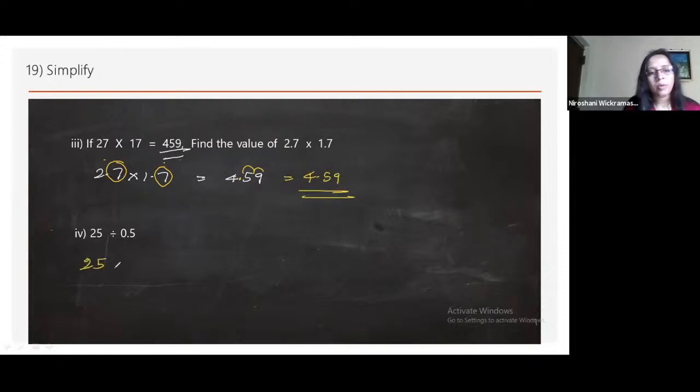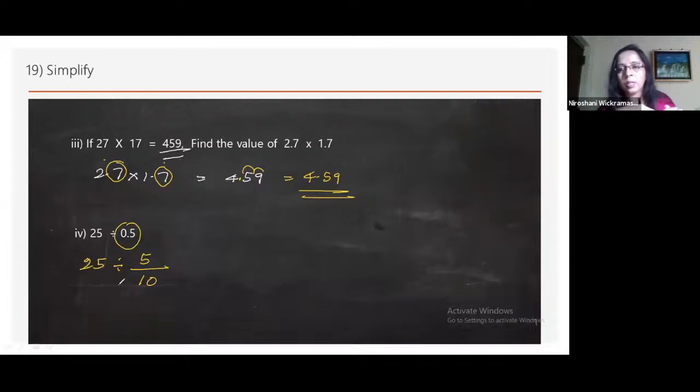This thing we have to divide: 25 divided by, you can write this as a whole number over the line 5, 1 decimal place, so the denominator is 10. I told you that when you are converting, the denominator is a power of 10, and you decide the denominator according to the number of decimal places.